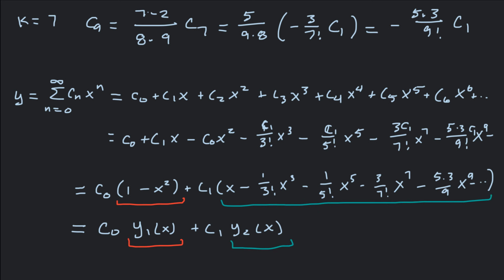So this is generally what we talk about whenever we talk about solving differential equations. We have a constant times the first linearly independent solution plus a different constant times the second linearly independent solution, and that's exactly what we've derived here with this power series solution. So this was a really good example for seeing an ordinary point expansion that gives two linearly independent solutions.